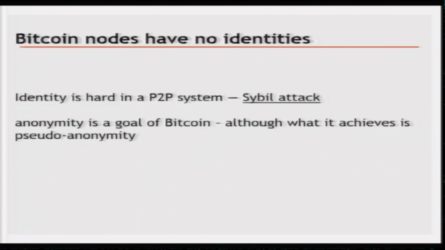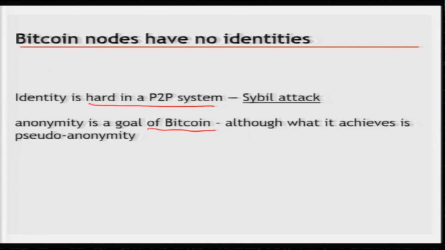As I said, in a P2P system that is permission free, permissionless, we cannot really determine who is who, and we are making the P2P system in such a way that there is a low barrier to entry. So, anybody can create a public private key pair and enter the system. In that case, Sybil attack may happen. On the other hand, the goal of Bitcoin creation was not only decentralization, but also anonymity.